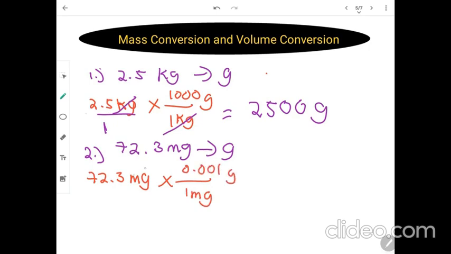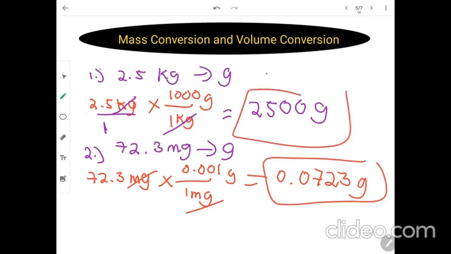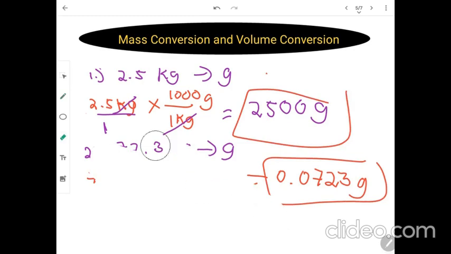We can use this. And now we can cancel our milligrams. We have here now 72.3 times 0.001 over 1. Okay, that is equal to, okay, let's check first. Okay, that is equal to 0.0723, and the unit is grams here. Okay, now let's consider another one.